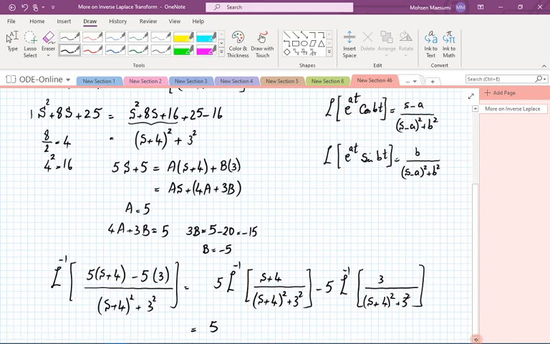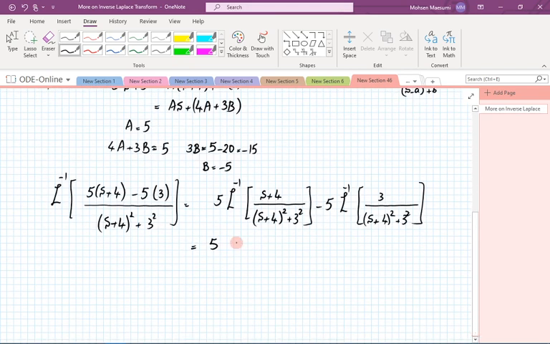So I have 5 exponential of minus 4t times cosine of 3t. This one, minus 5 exponential of minus 4t times sine of 3t. Of course, it makes sense to factor and do some further simplification, but for now, this is good enough of an answer.